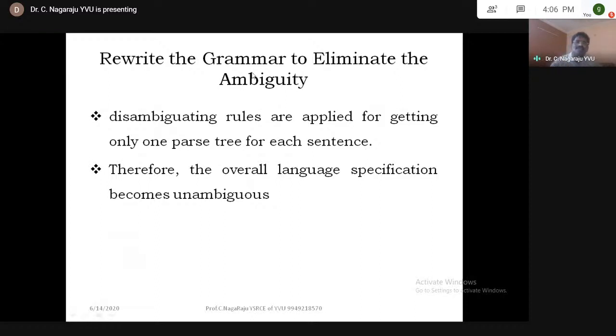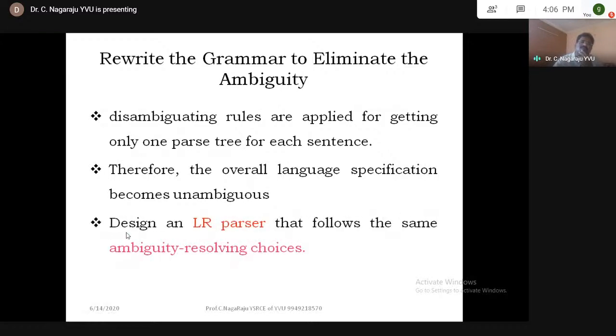So we can use some disambiguating rules, and based on that we can convert the ambiguous grammar into an unambiguous grammar. Therefore, the overall language specification becomes unambiguous. Another case is designing LR parsers; later I will explain LR parsers in depth, which follow the same ambiguity resolution choices.